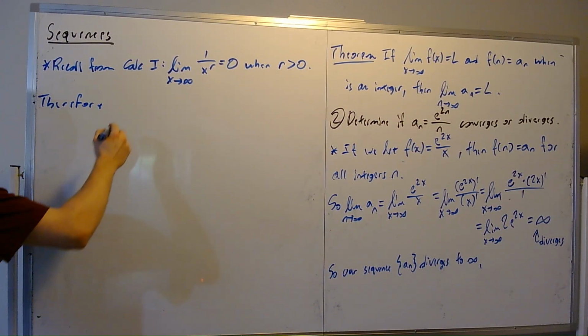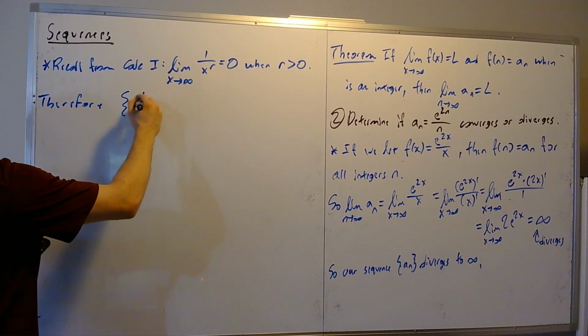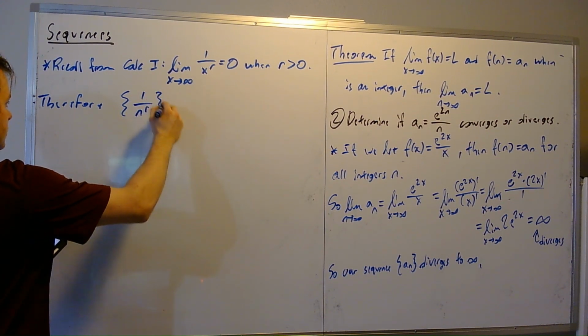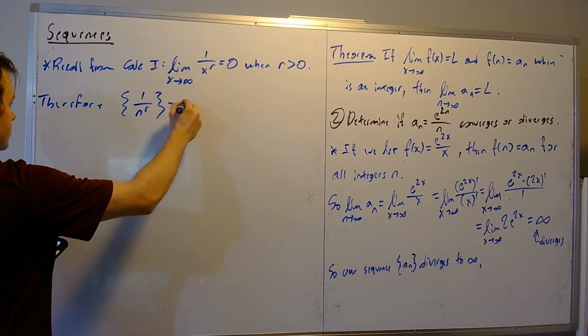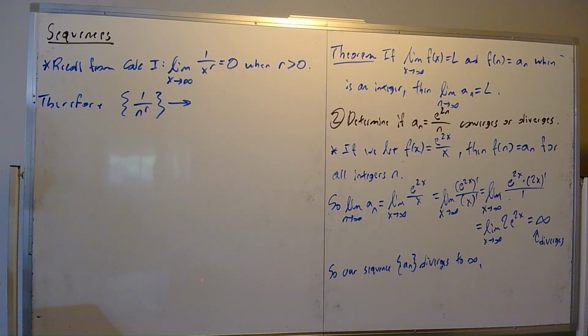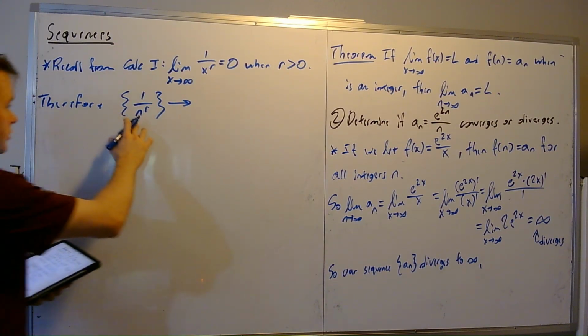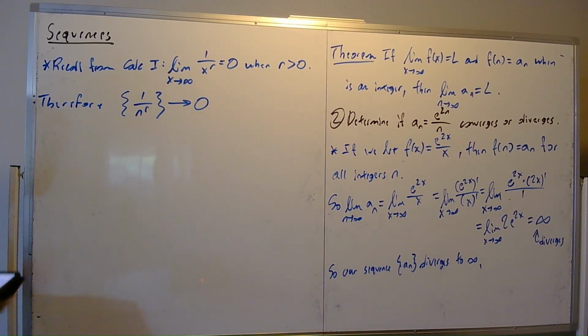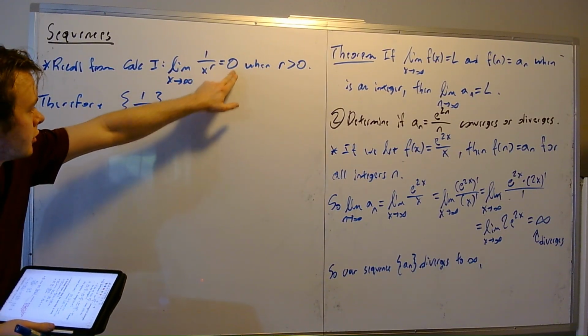Let's say we have a sequence of 1 over n to the power of r, and we can ask what this is going to go to. Well, as n gets bigger and bigger, this is going to go towards 0, because the limit of this function, if you replace the n's with x's, is 0.